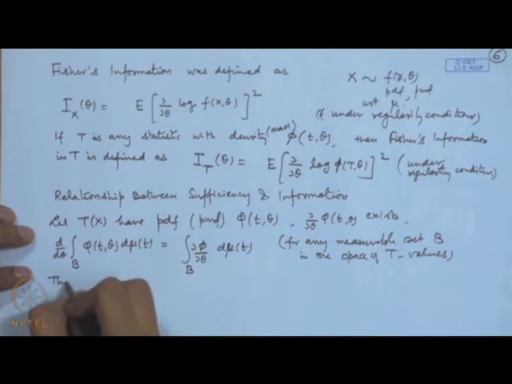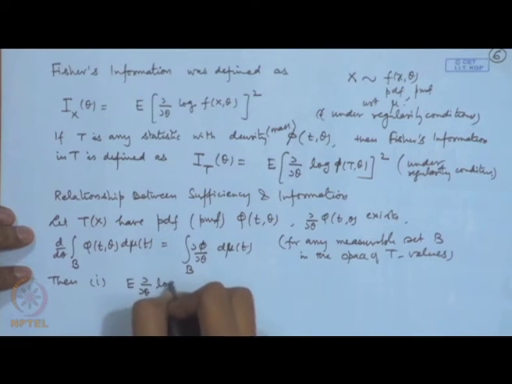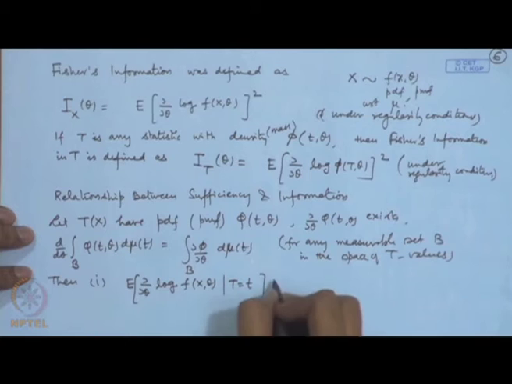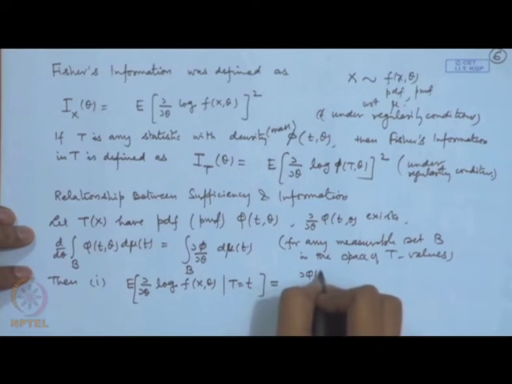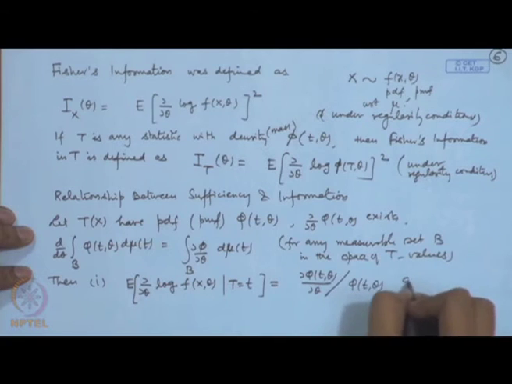Then we have the following results. First, the conditional expectation of del by del theta log of f(x, theta) given T is equal to del phi by del theta divided by phi(t, theta) almost everywhere.